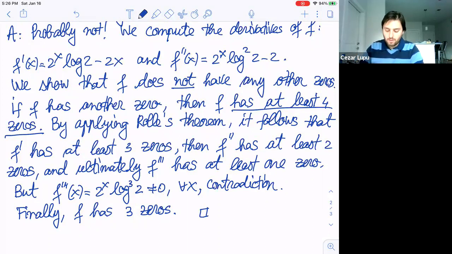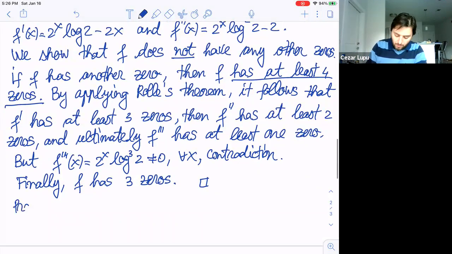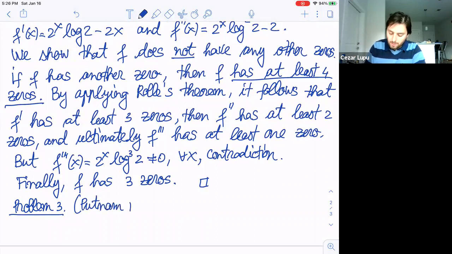Anyway, now let's veer towards something else. So problem number 3. Again, this was a Putnam B1, in 1980.